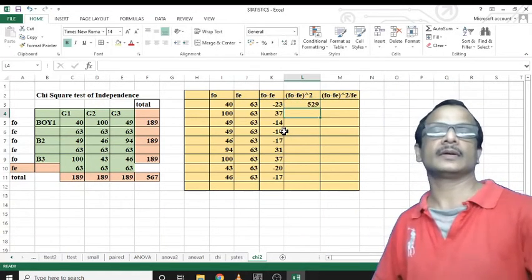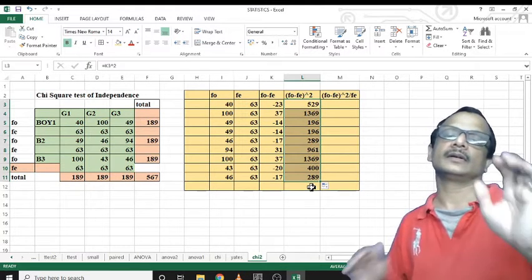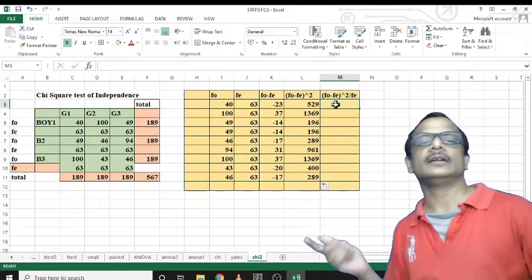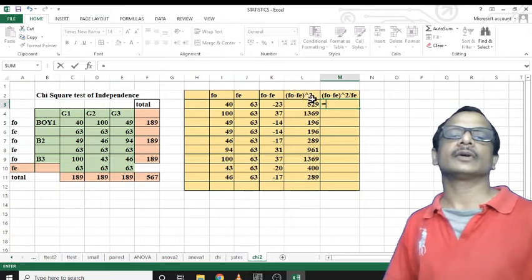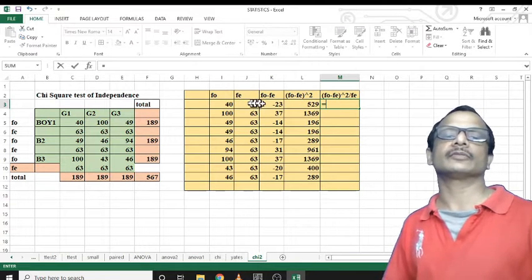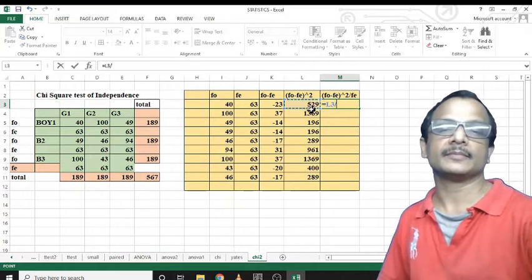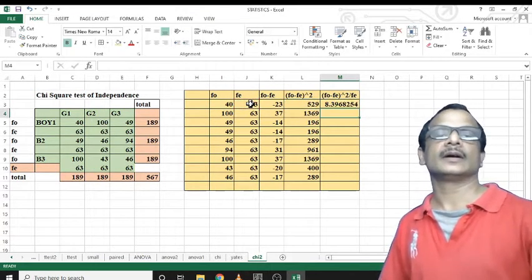In that way we can calculate the square of all these values, and divide by FE. We need to divide this factor by the expected frequency, that is 529 divided by 63, right? And this is the value.